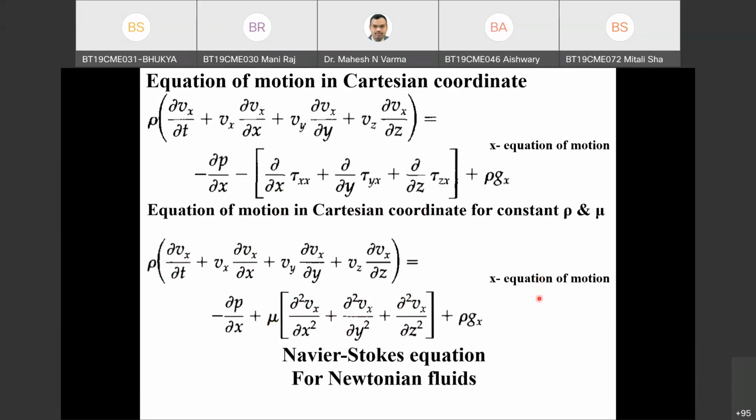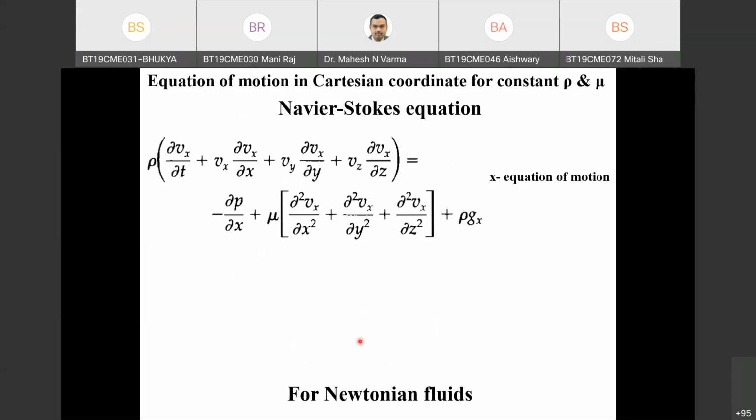Generally, we will deal with a constant viscosity system, and you will encounter this Navier-Stokes equation for solution to get the velocity profile and flux profile. So this is the Navier-Stokes equation for x momentum. Similarly, you can get the Navier-Stokes equation for y momentum and z momentum. This is the compact form of the Navier-Stokes equation.